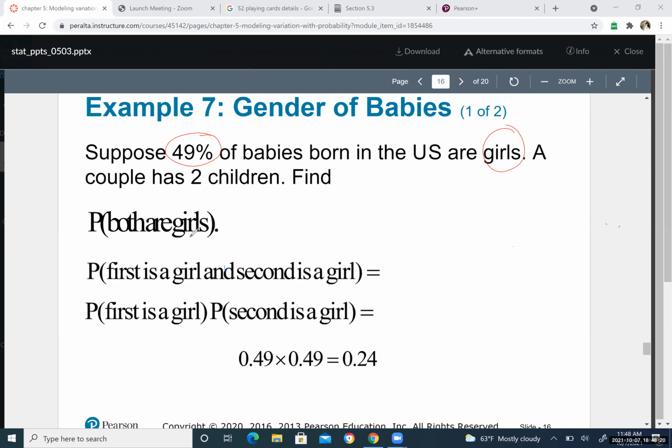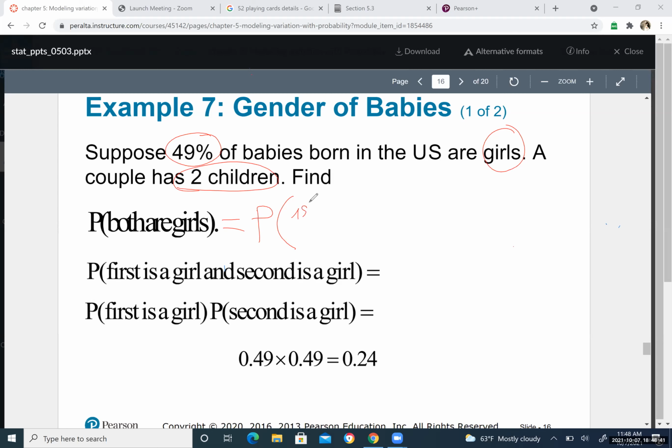For each couple in the US with 2 children, they want us to focus on the probability of both being boys or girls.